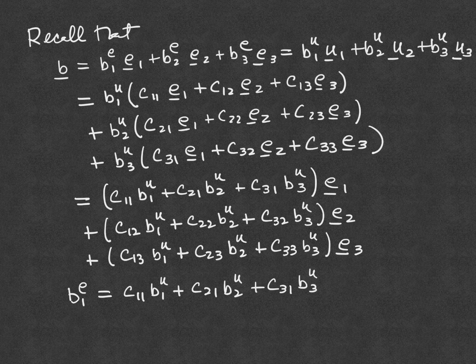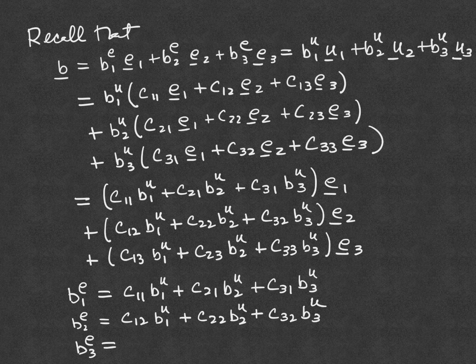The second equation is b2e is equal to c12 b1u plus c22 b2u plus c32 b3u. And the last equation is b3e is equal to c13 b1u plus c23 b2u plus c33 b3u.